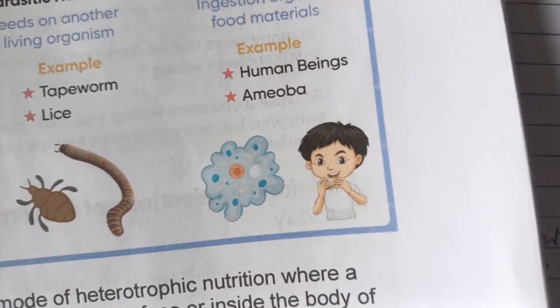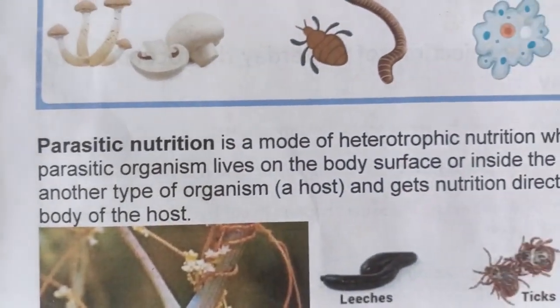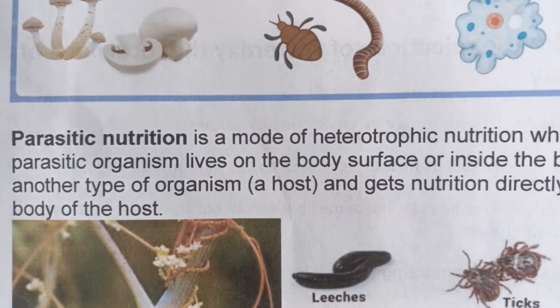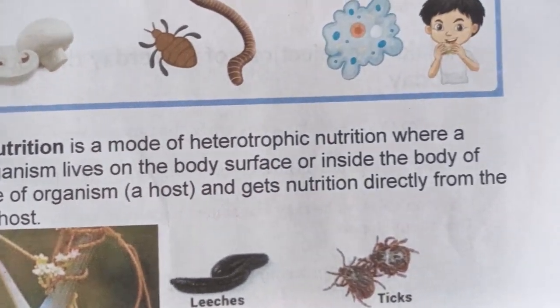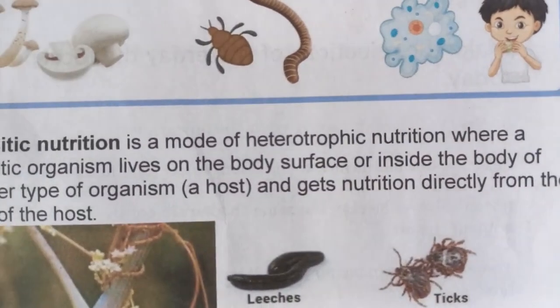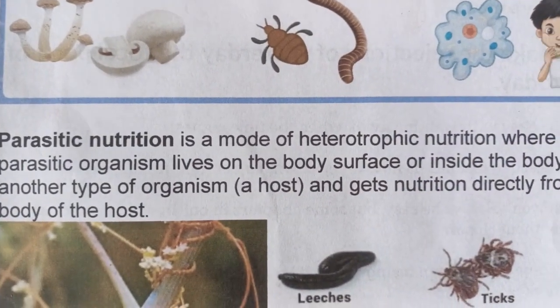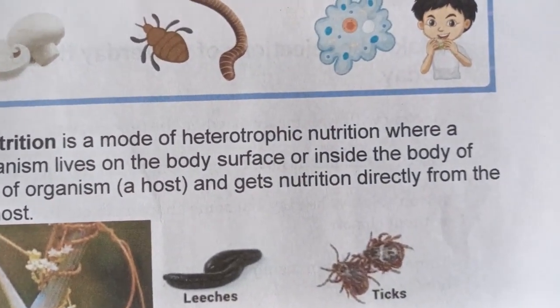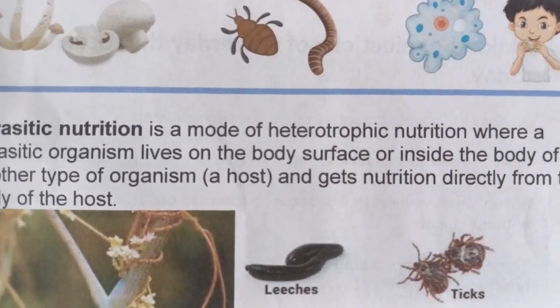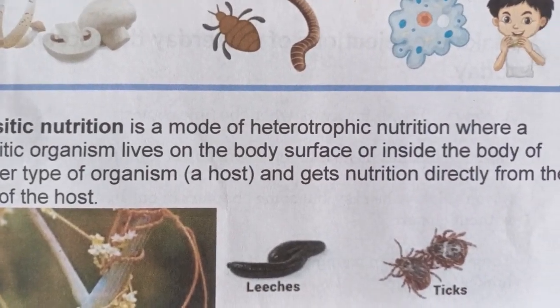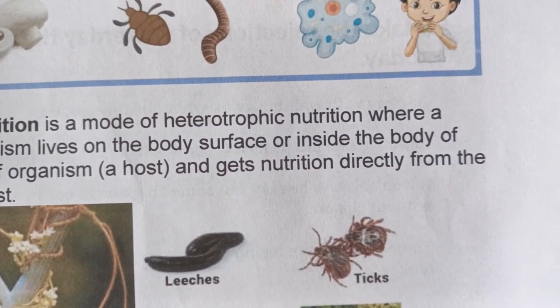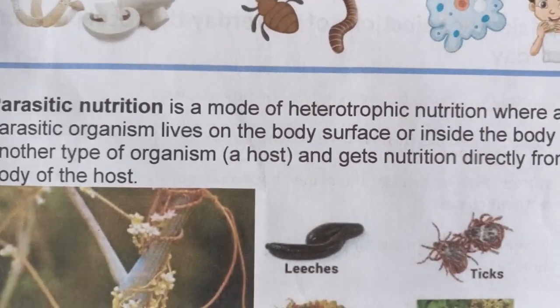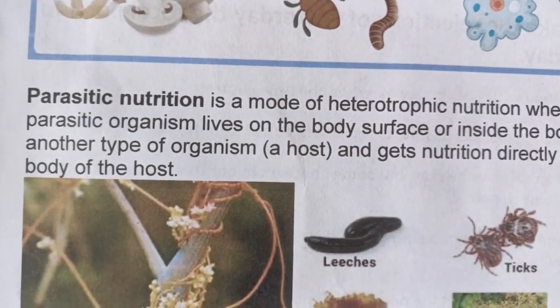So parasitic nutrition, which I just mentioned, is a mode of heterotrophic nutrition where a parasitic organism lives on the body surface or inside the body of the host and gets nutrition directly from the body of the host.